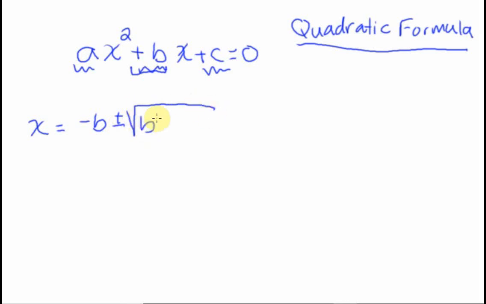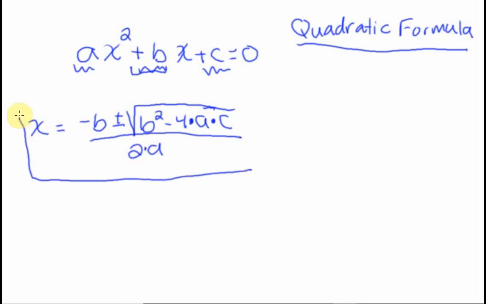The square root of b squared minus 4 times the a from right here times the c, that's the last number, all divided by 2a, 2 times a. So that's our quadratic formula right there.